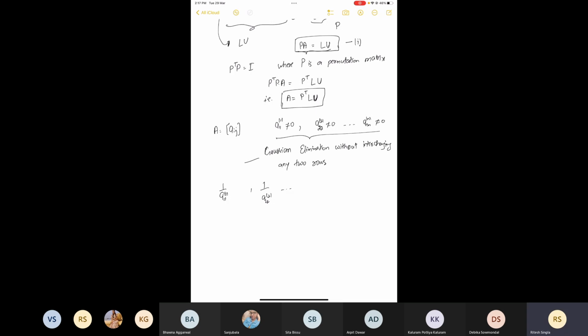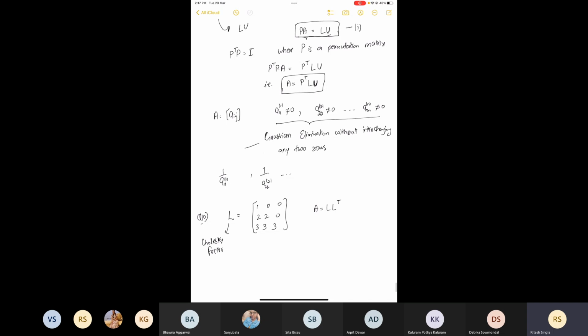What L did you find out? 100, 220, 333, right? So A is L into L transpose, right? So this L is our key factor. But the question is asking you one more thing. Have you solved that also?